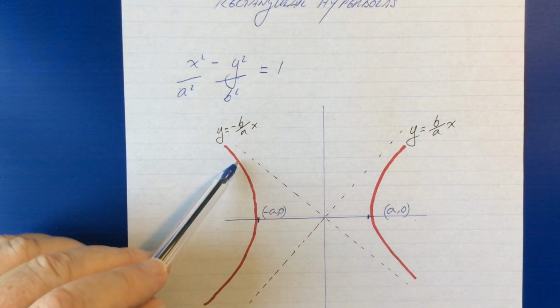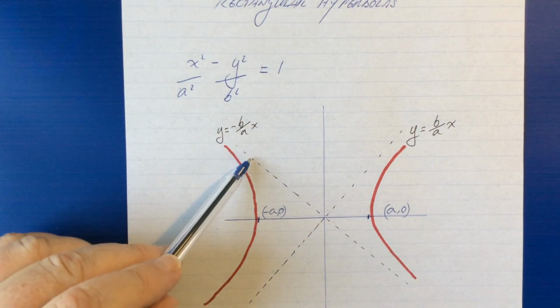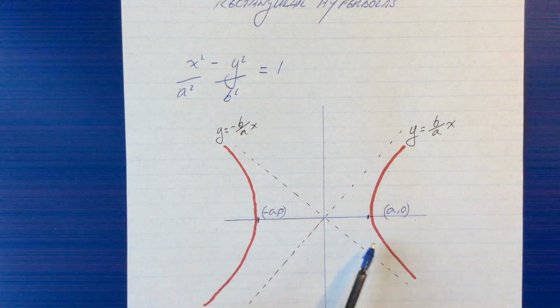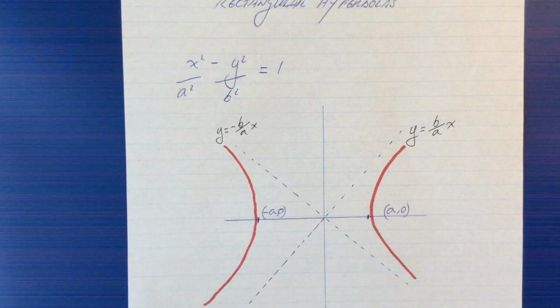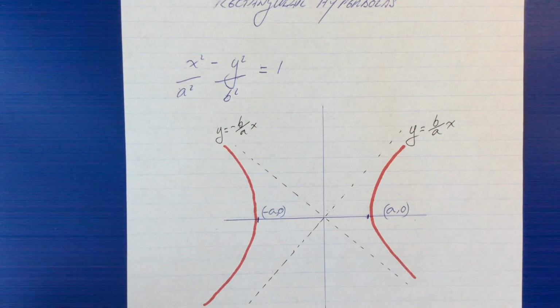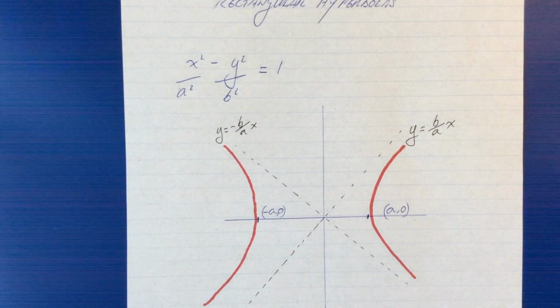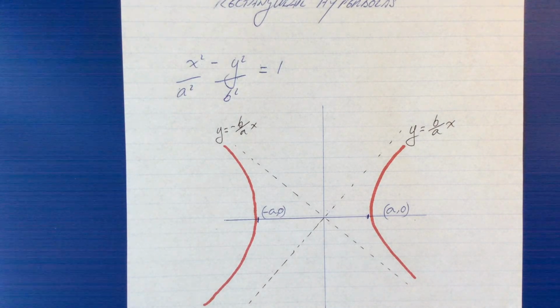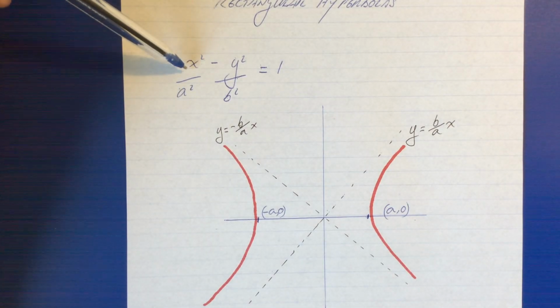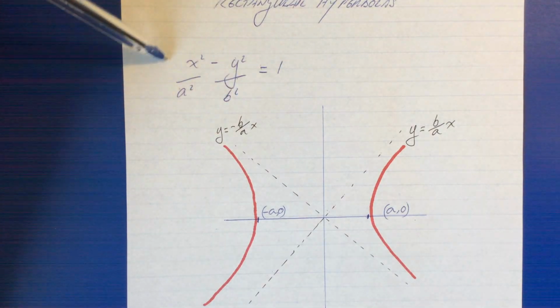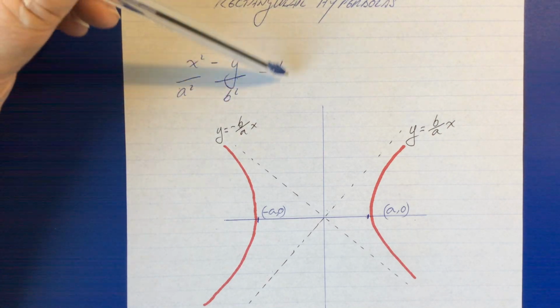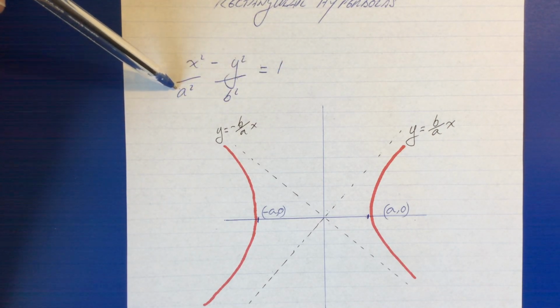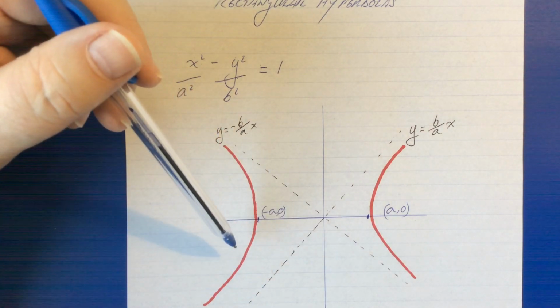Because these are asymptotes, this graph will never touch this, nor will this graph ever touch this. And that's fundamentally it. That's how you work your way around one of these things, provided, and it's a big proviso, provided that you've got it in this form, or you've been able to put it into this form. Once it's here, it's very, very easy to work with.